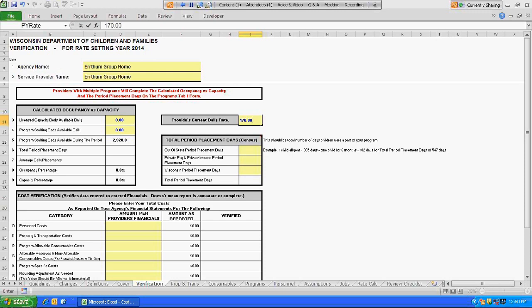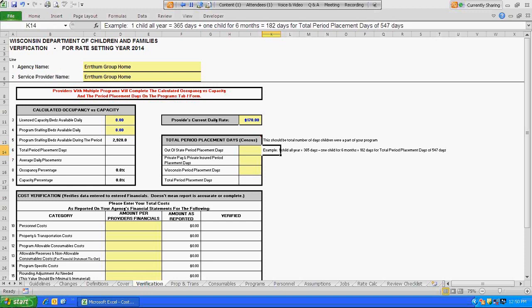My rate's fairly low. The next thing is the total period placement days, or the census. When it says out-of-state period placement days, it doesn't mean that if you have one kid from out of state for the entire year, it's going to be 365. If you had one child for the full year and another child for half the year, as the example shows, that would actually be 547 days.